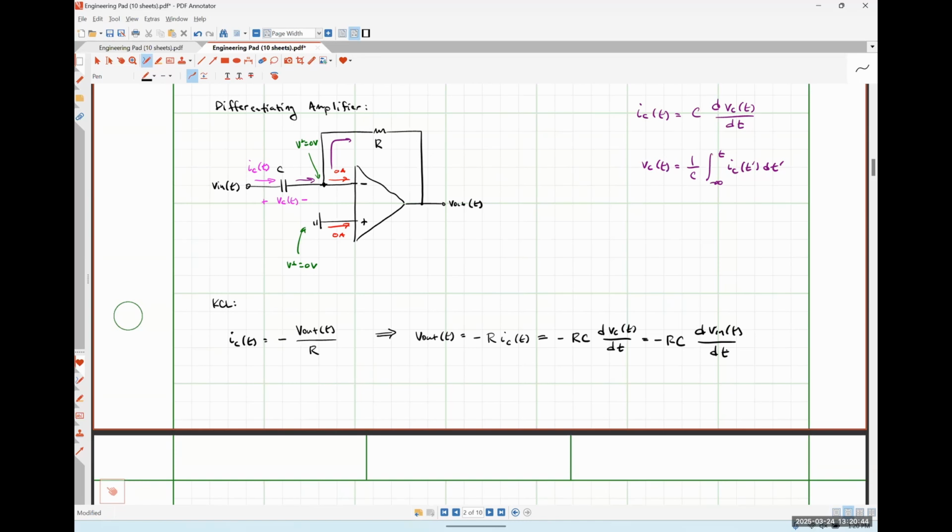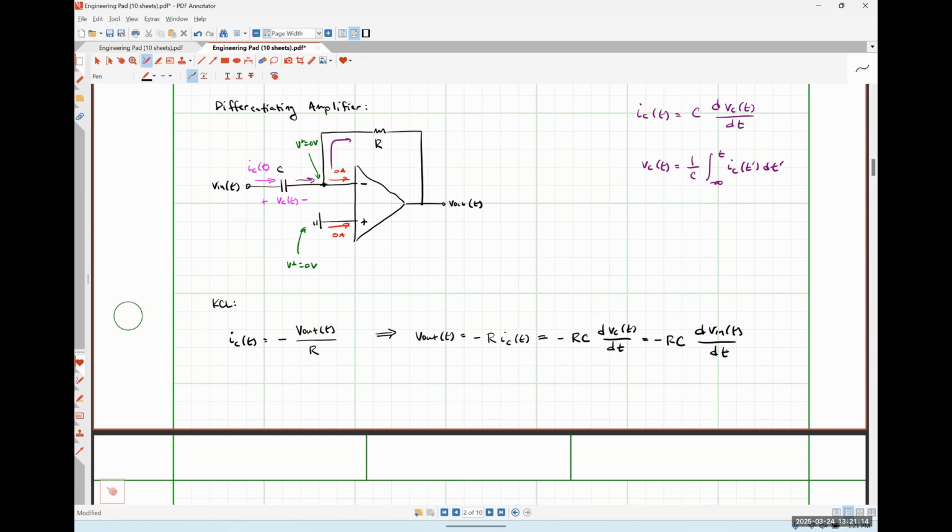But this circuit is also an example of an active high pass filter in communication systems. It's a differentiator block in control systems, all essentially the exact same circuit, just playing slightly different roles in the different systems that you're going to see throughout your electrical engineering career. So this is rather important.